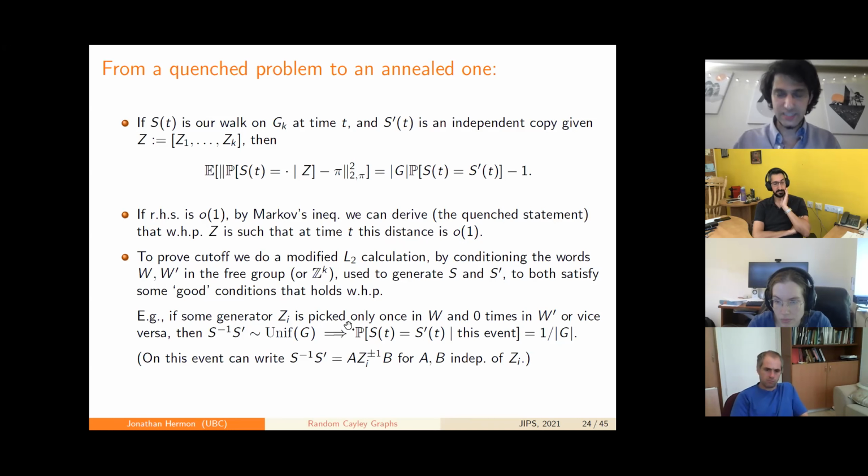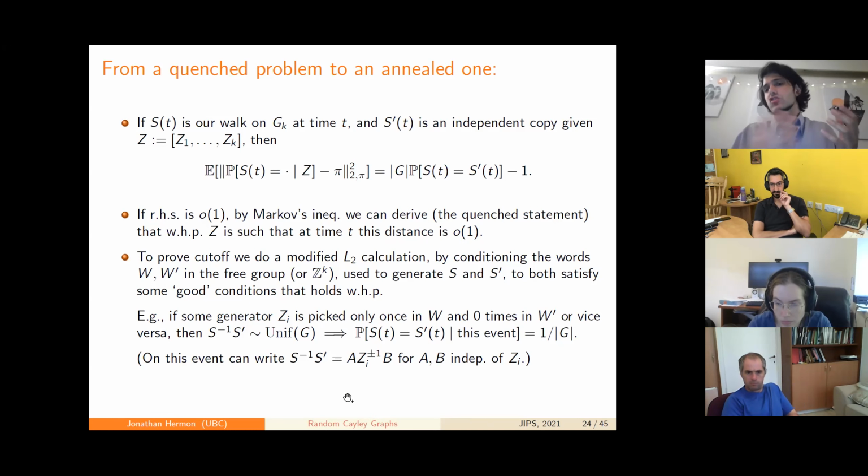Actually this scenario happens with high probability when K is of larger order than log N. So this is quite useful for proving cutoff. And the case that K is of smaller order than log N is much harder because typically each generator is going to be picked many times.